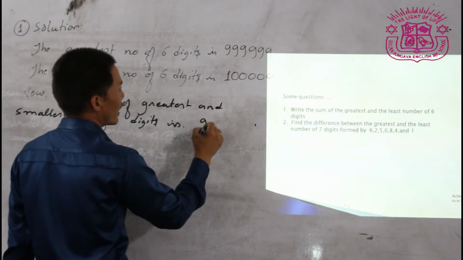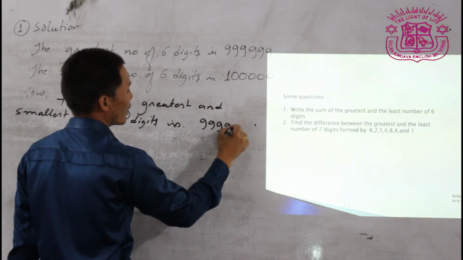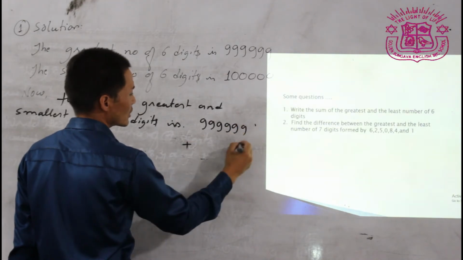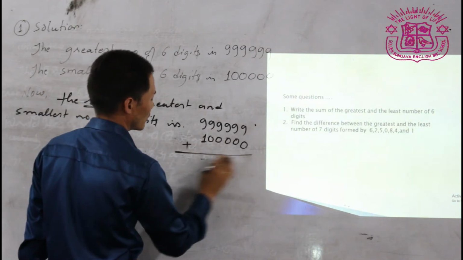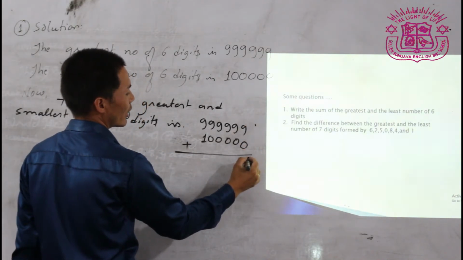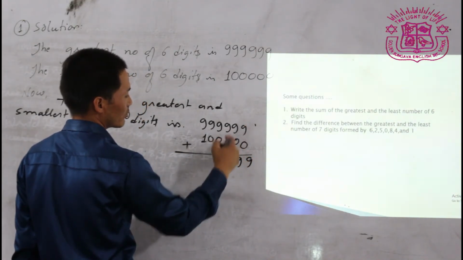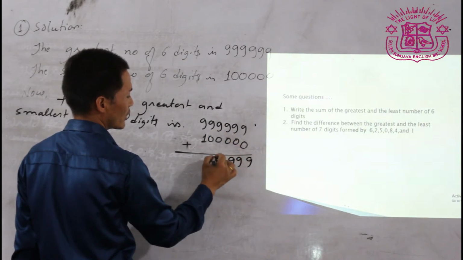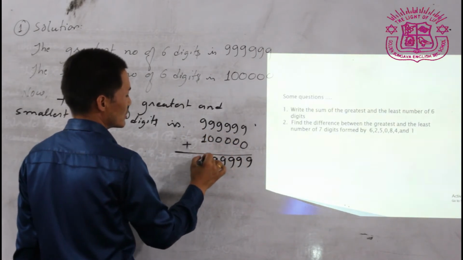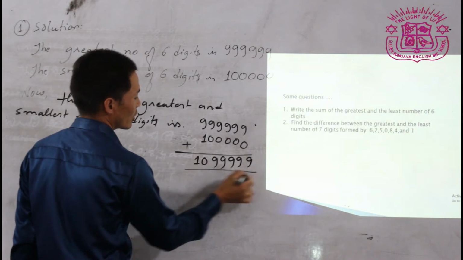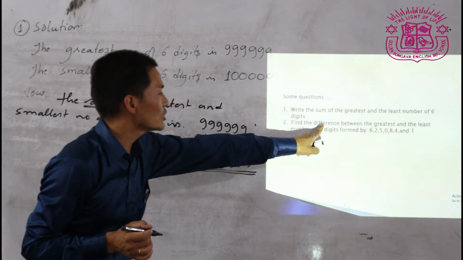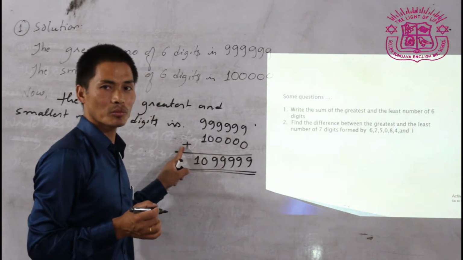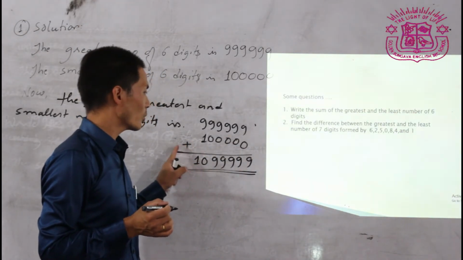Okay, 9 plus 0 1. Okay, make a sum. 9 plus 0 is 9, 9 plus 0 is 9, 9 plus 1 is 10. Okay, this is the required answer. So if the question is difference, you just make the difference. You just make the subtraction over here.